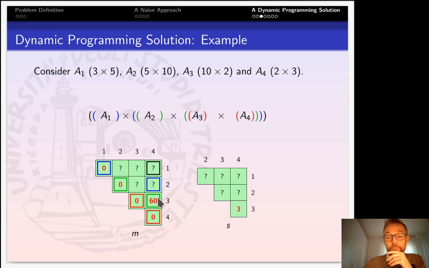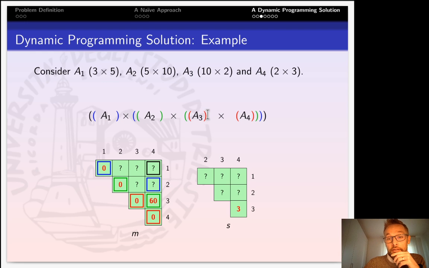So now we can fill it, and by filling it we know that the correct choice of k, the best k, the k that minimizes the solution of this sub-problem, is 3. Okay, in this case it's easy, of course, because we only had two matrices, but still we can store it.